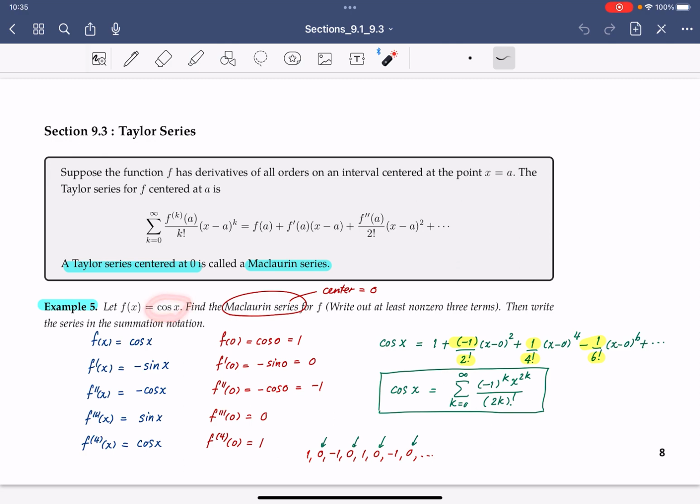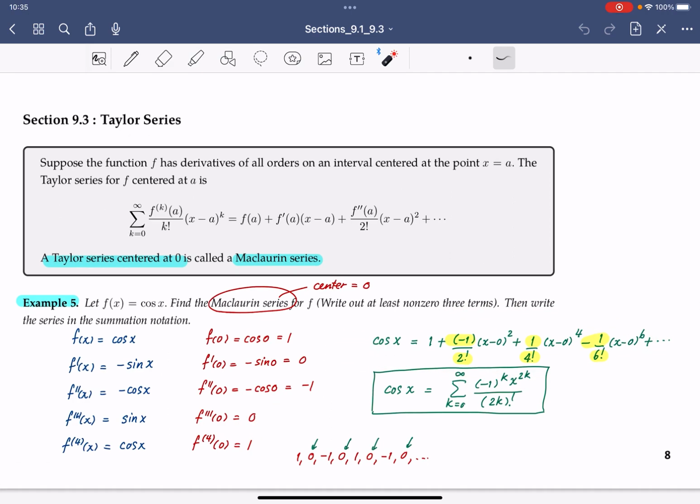x. You can see that when I build a Taylor series for cosine x, I differentiate and then put it here, and then I plug in at the center. Here the center is equal to 0, so I plug in 0 here, so I get the coefficients for each term, and after that I get the cosine function.